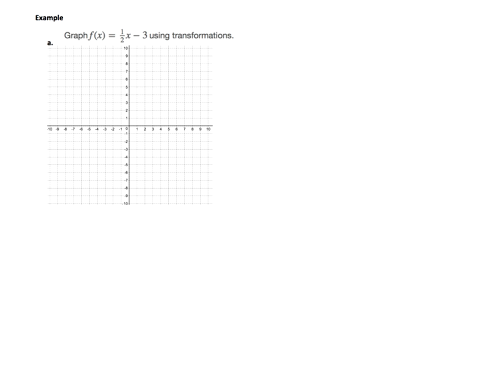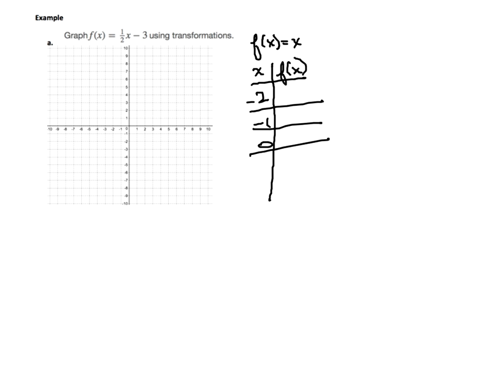Okay, so it says graph using transformations. So my regular toolkit line is f of x equals x. And remember, if we're graphing using transformations, we should show this in tables. And I have x and then f of x. And I'll show negative 2, negative 1, 0, 1, and 2.